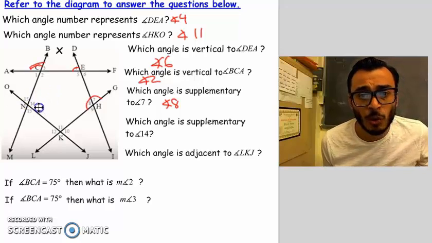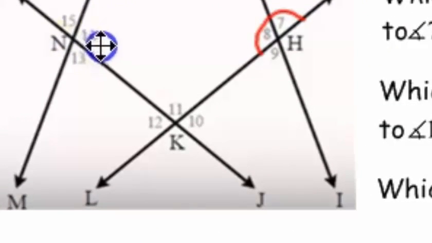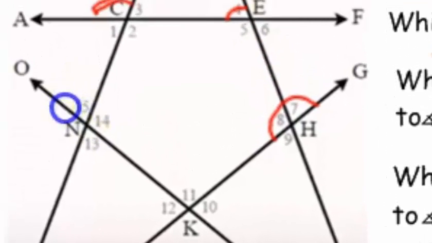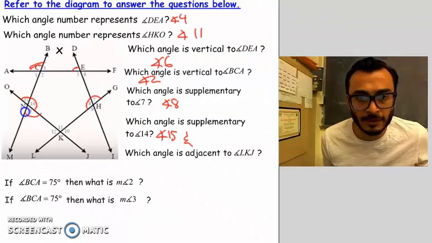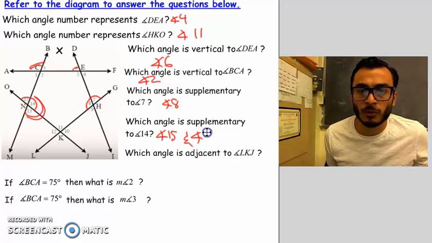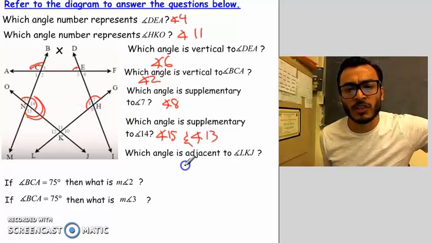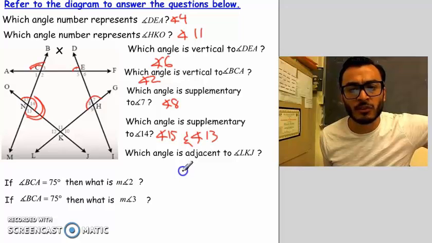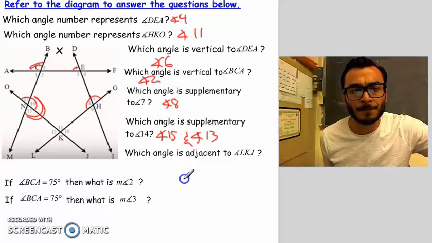Well, we actually have 2 options for that one. So supplementary to angle 14, you could see that angle 14 and angle 15 are supplementary. So we could say angle 15, but then also, if we go this way, like this, angle 14 and angle 13 are also supplementary. And it says which angle is adjacent to angle LKJ.